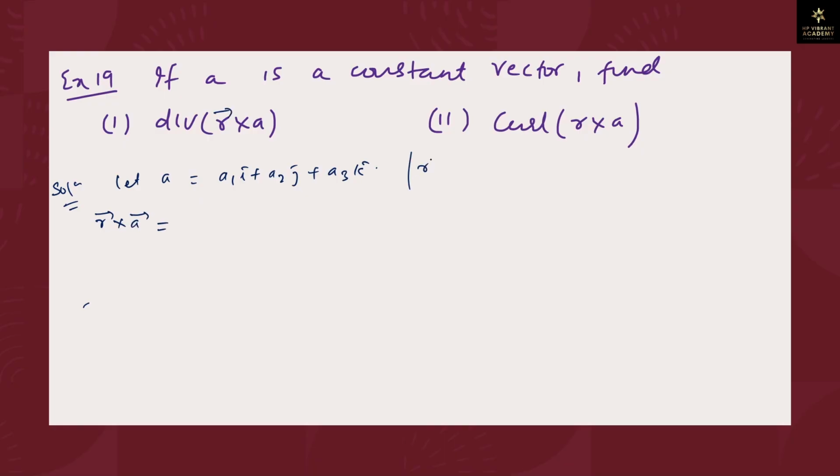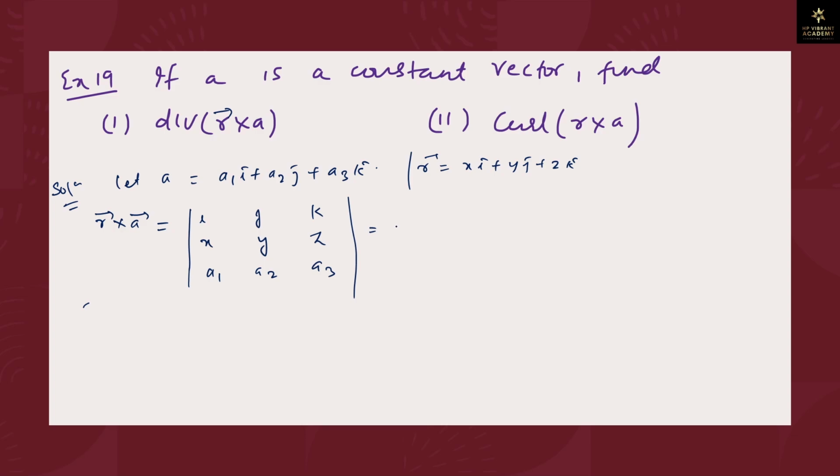Let us take the r vector as x i cap plus y j cap plus z k cap. So r cross a is the determinant with i, j and k, the r vector components x, y and z, and the a vector components a1, a2 and a3. Let us expand this.